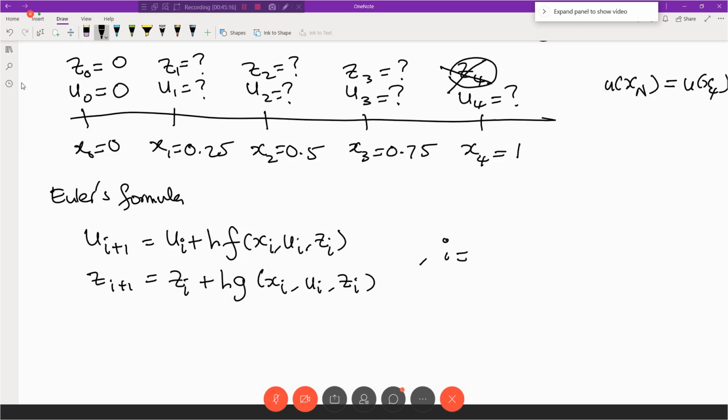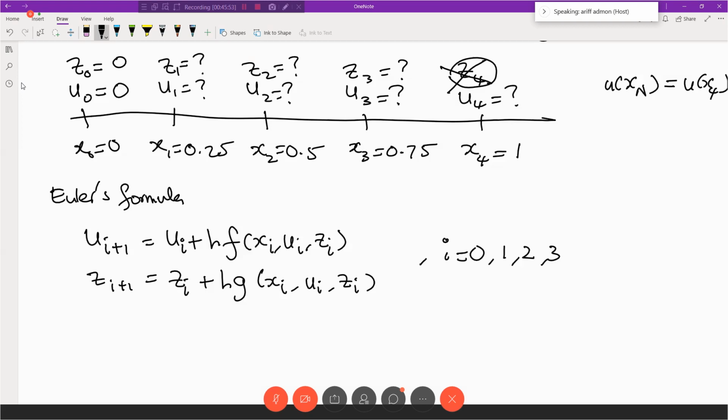Since we are using this formula with i plus 1, you want to find the first value u1. To get u1 we plug in i = 0. So i starts from 0, 1, 2, 3. Why 3? Because if we put i = 3, we get u4. Do we need to put 4? No, because we are not looking for u5.